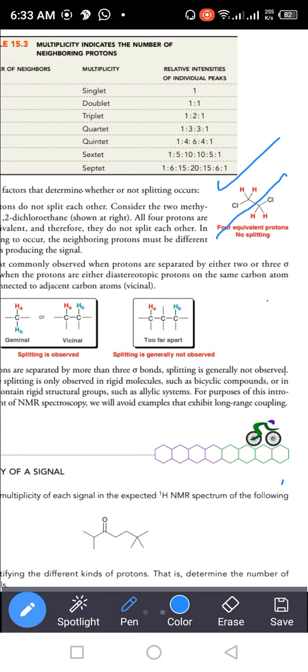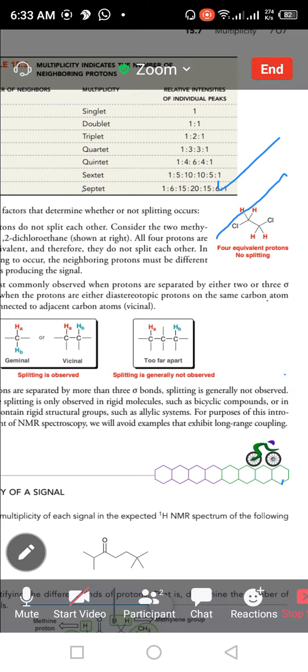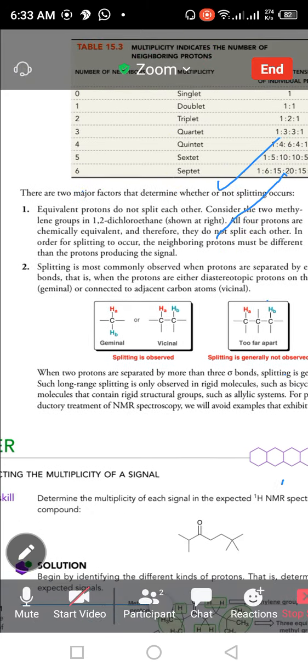Two protons cannot split the other 2 protons. Splitting only occurs when there is a different environment. When protons are not chemically equivalent, then splitting will occur. Because these protons are chemically equivalent and there is a symmetry in our compound, these protons will not split the neighboring protons. So equivalent protons, no splitting. This is the first case: equivalent protons have no splitting.